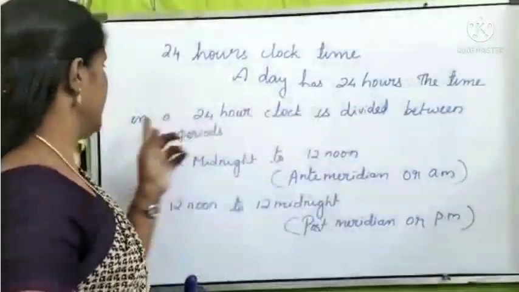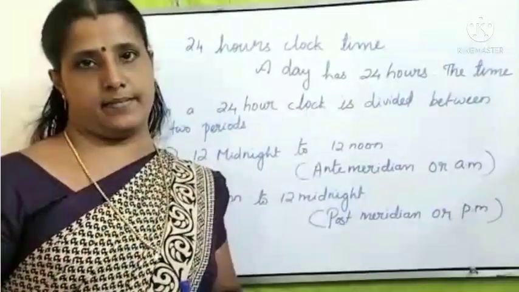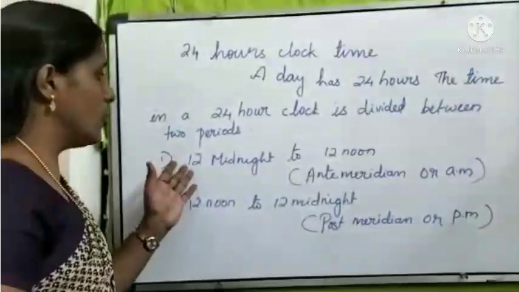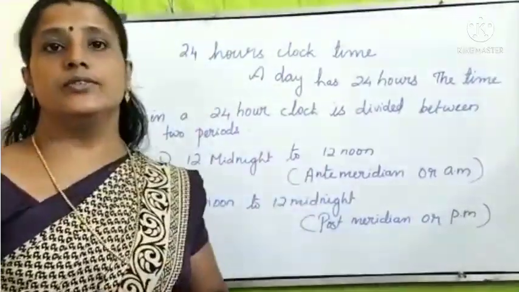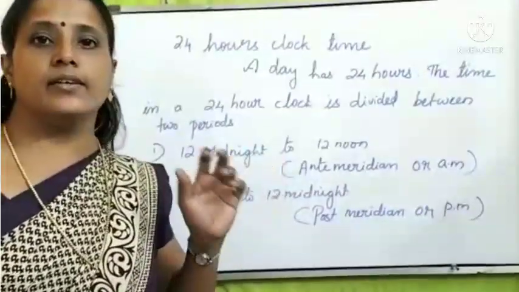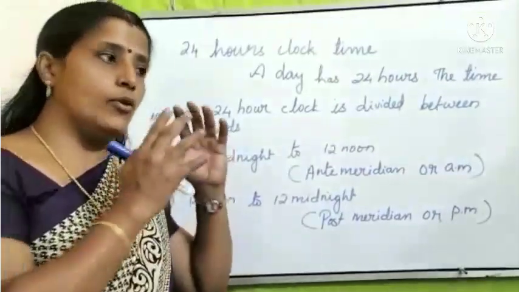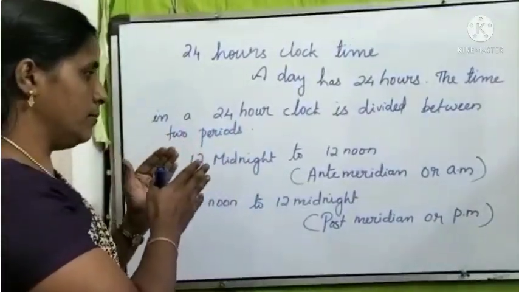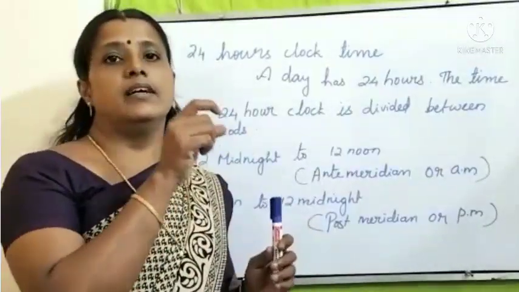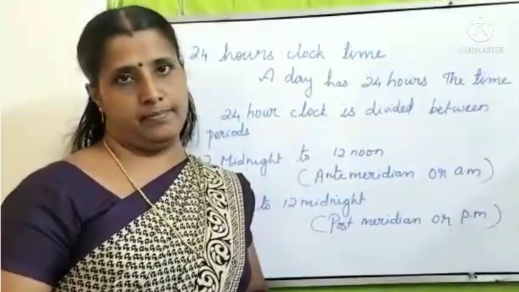The time in a 24 hours clock is divided between two periods. The first period is 12 midnight to 12 noon, which we name ante-meridian or AM. In the morning time, that is 12 midnight to 12 noon, we have to mention AM after the time.